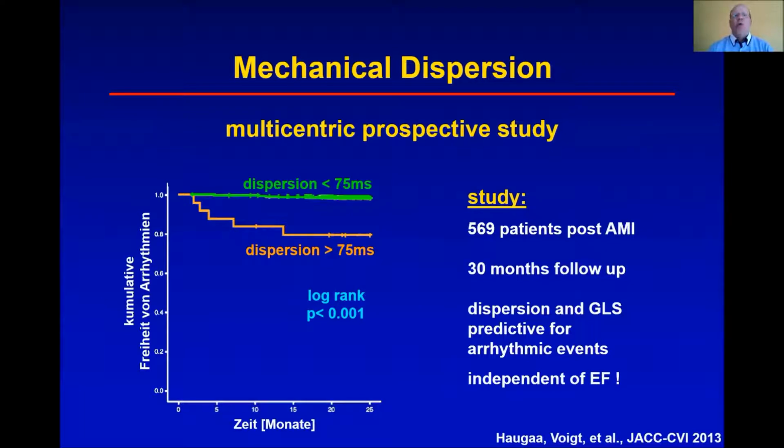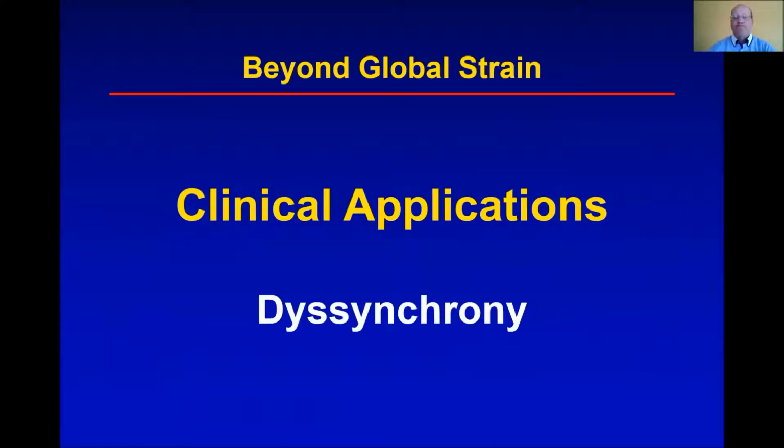And you can show that in these patients, a dispersion of less than 75 milliseconds has a good prognosis, and patients who have a wider dispersion of their peak strains have a worse prognosis with regard to arrhythmias and sudden cardiac death.